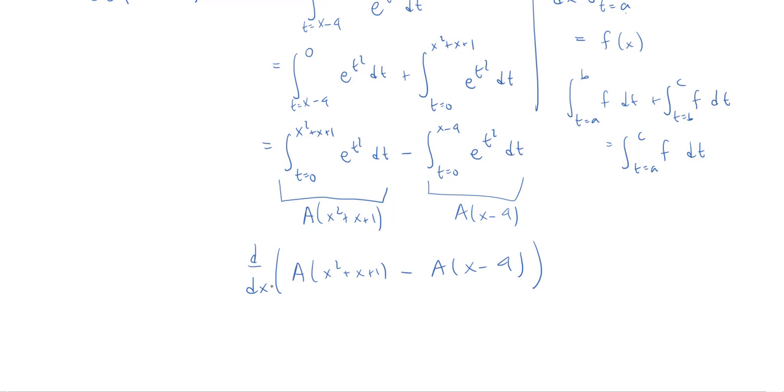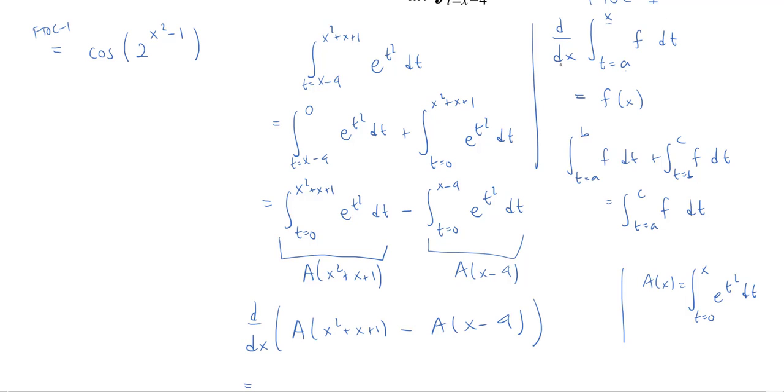Now I know I can take a derivative term by term. And when I go to take the derivative of a, if you think about what a of x would be, that would just be integrating from 0 to x e to the t squared dt. And if I differentiate that, that's exactly what I'm supposed to be doing with my first fundamental theorem of calculus.